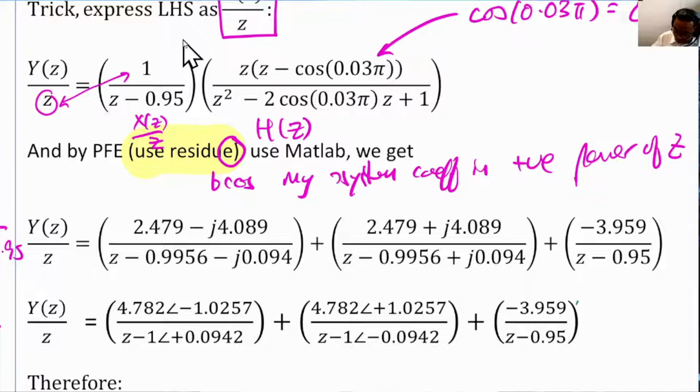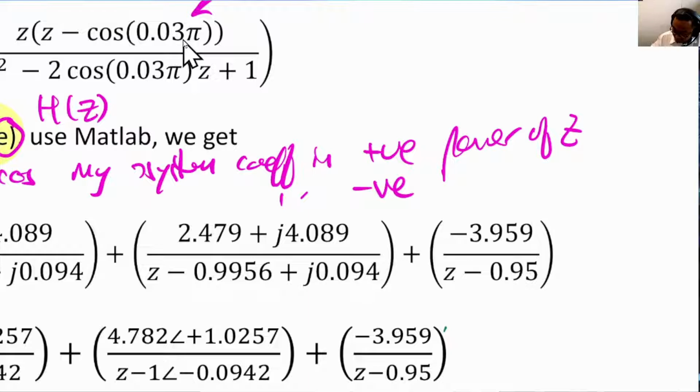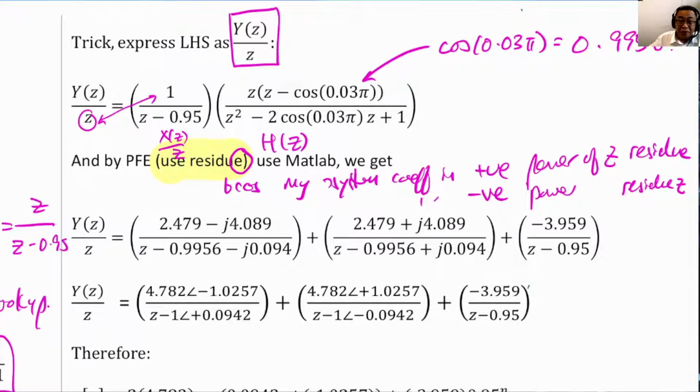In the last example, when your system coefficients are in negative powers, then you must use residuez. Here we are going to use residue. So please use MATLAB's residue to convert this expression into the partial fraction expansion that I've shown below. Go and try it by yourself to see whether you can jump from this step to this step using residue.